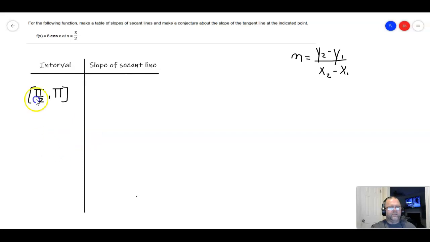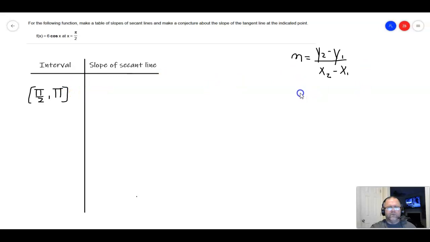The x1 and the y1 are really never going to change, because the x1 is always going to be pi over 2, and the y1 is just going to be whatever this function is when I plug in pi over 2 for the x and calculate the y. If I just find those, then my only variables are going to be the x2 and the y2.